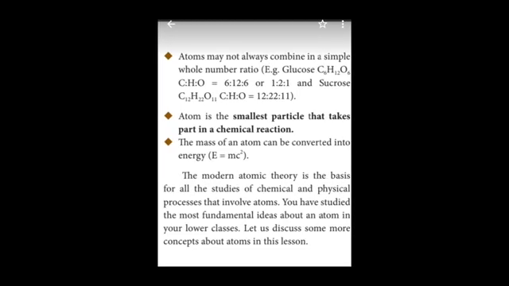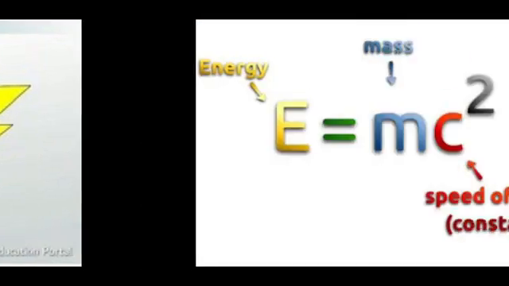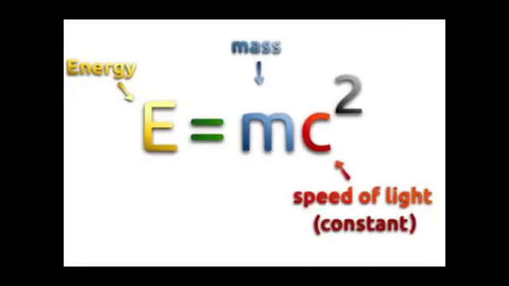Postulate number 7. The mass of an atom can be converted into energy. When an atom is broken down, some of its mass is converted into a large amount of energy. In Einstein's equation, that is E equals mc squared, where E is energy, m is mass, and c is the speed of light.